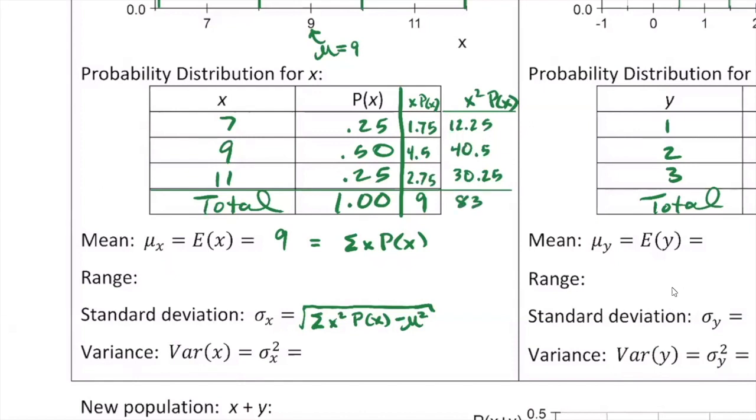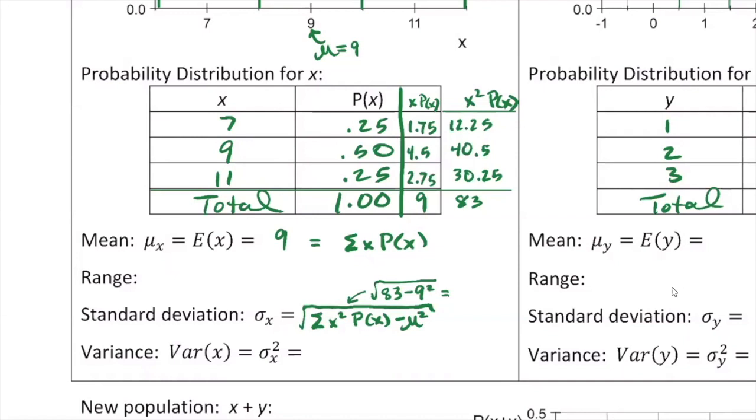Okay. Now let's see, up above here, we'll say this was the square root of x squared times p of x. So this is 83 here, minus the mean squared. So the mean was 9 up above. So I don't know if you can see that 9 squared is 81.